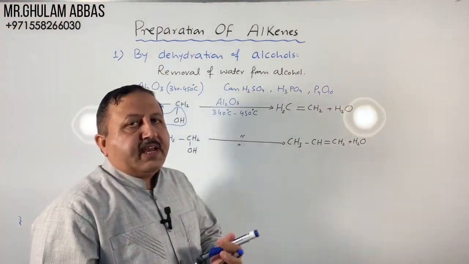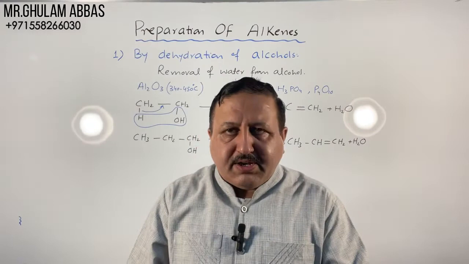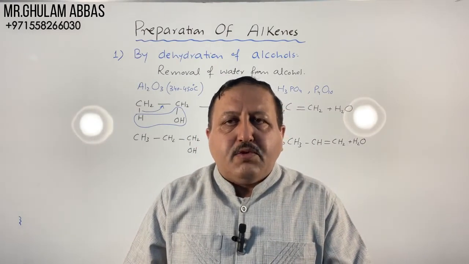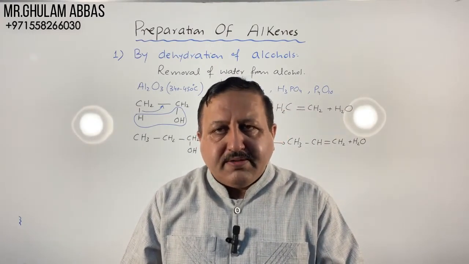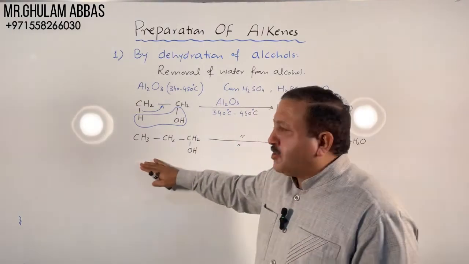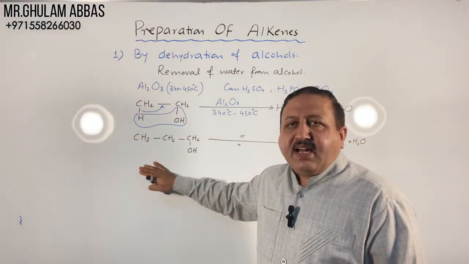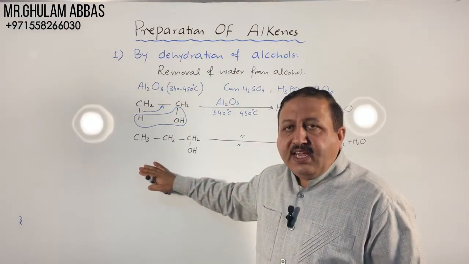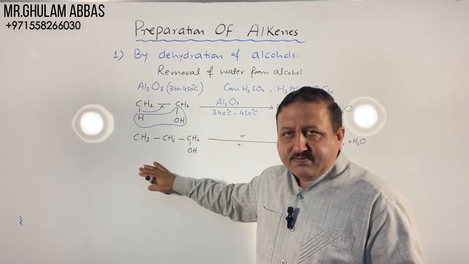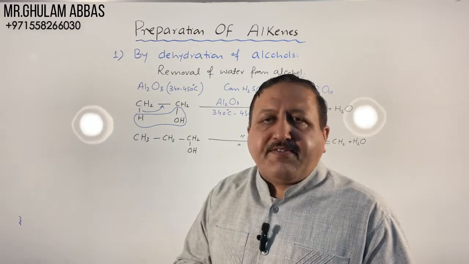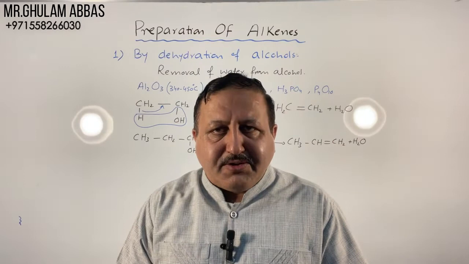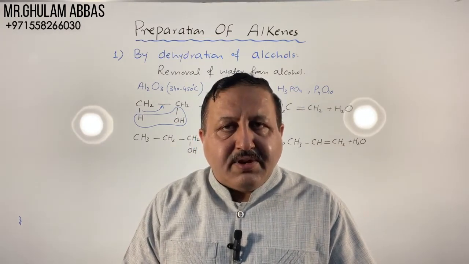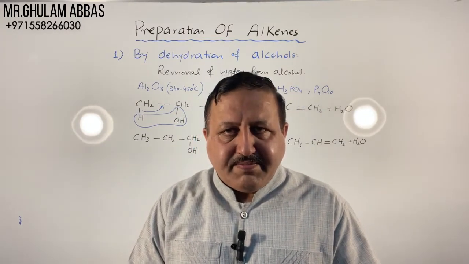Similarly, we can remove water from butanol, and from 2-butanol, but we should know the order of ease of dehydration. We have three types of alcohols: primary alcohol, secondary alcohol and tertiary alcohol.